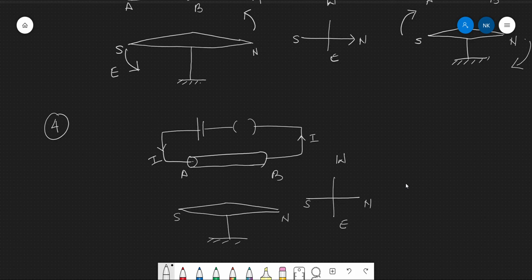And as the direction of magnetic field changed, whether due to a change in the position of the compass needle or a change in the direction of current, the compass needle made changes accordingly. So that was basically Oersted's experiment, and based on these experimental observations, we finally concluded that yes, there is a magnetic field associated with a current carrying conductor.